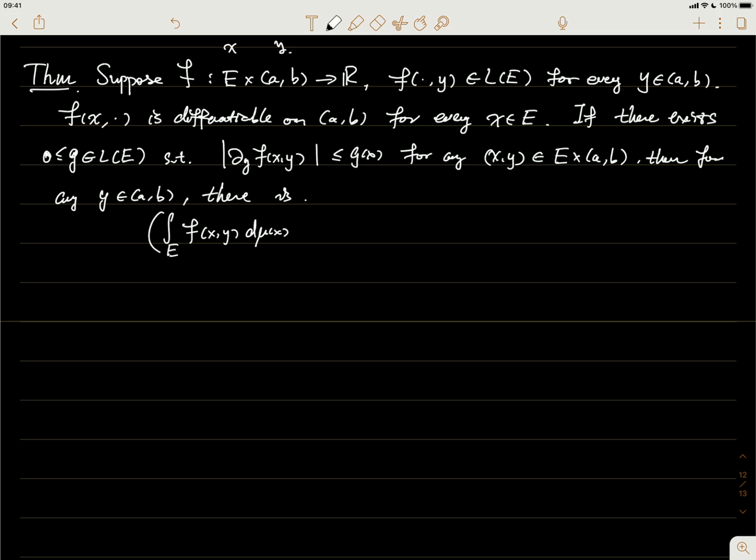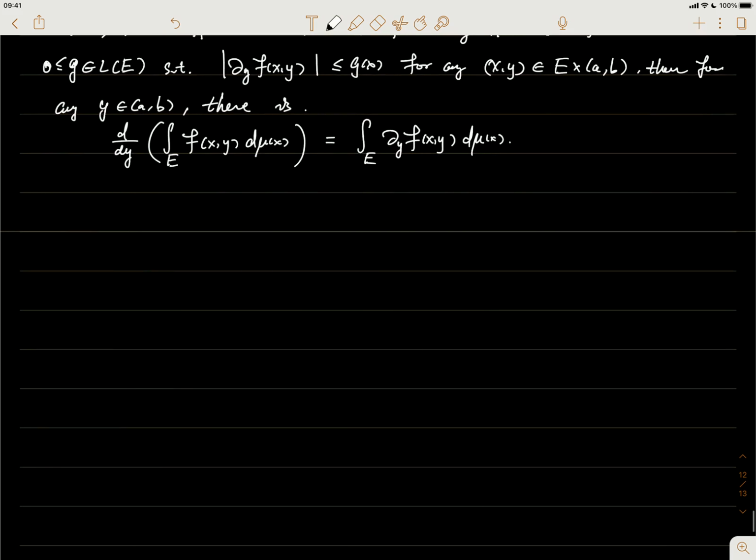When we treat it as a function of y, we can consider the derivative with respect to y, and we show that this is differentiable with respect to y, and its derivative is the same as exchanging the integral and the derivative: you can apply the derivative inside to the integrand, but we need to use the partial derivative now because we need to specify that the derivative is with respect to y only. So it's the partial derivative with respect to y of f(x, y). Okay, so here's the proof.